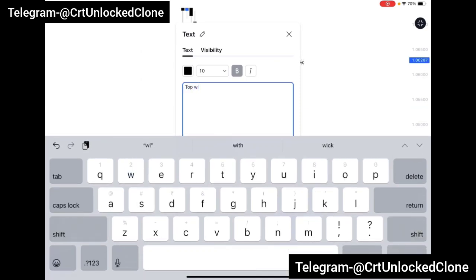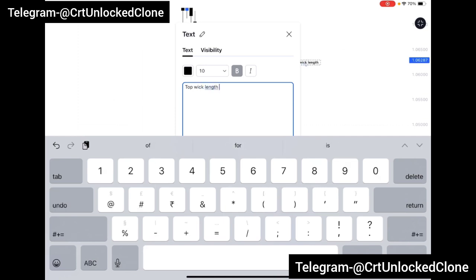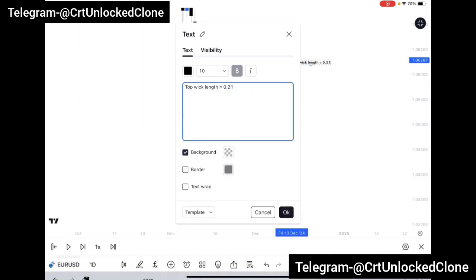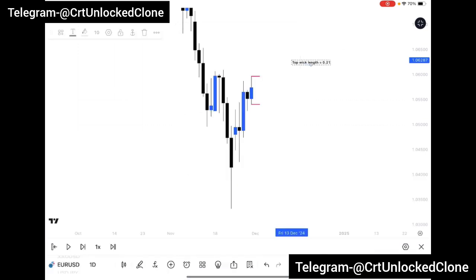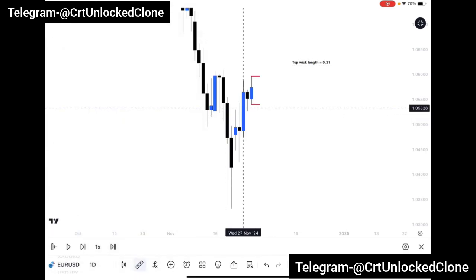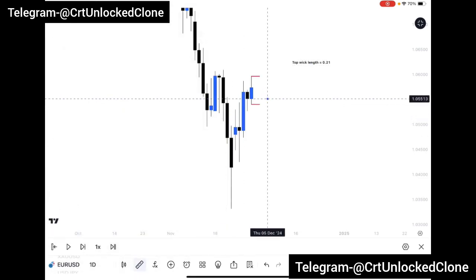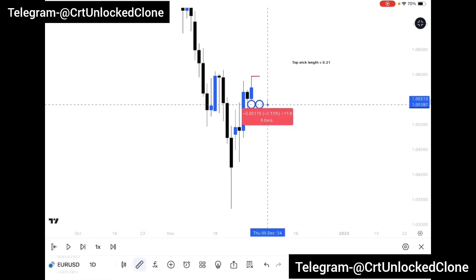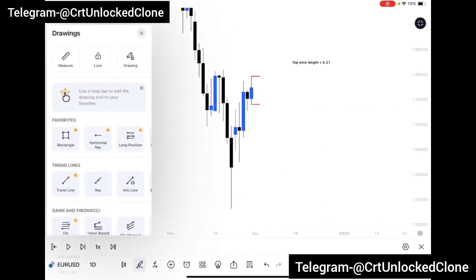Top wick length is equal to 0.21. Listen carefully, guys, don't sleep, just listen. Now let's measure the length of the wick present on the bottom of the same candle.